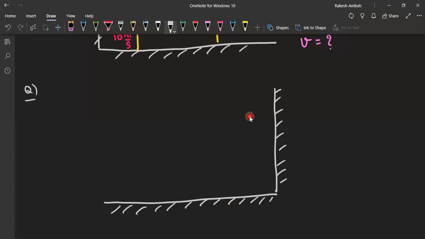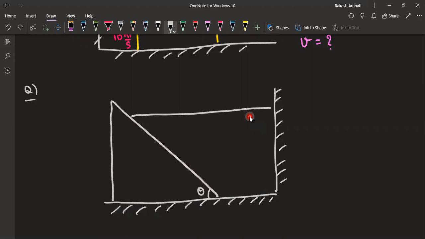Then here we have a triangular shaped wedge, and in the question, this angle is given as theta. Then here we have a rod.